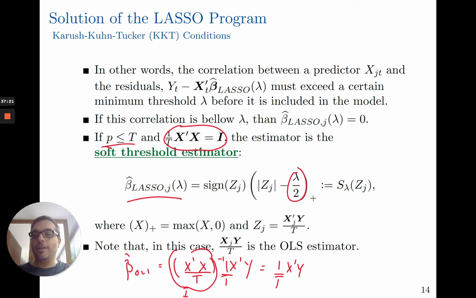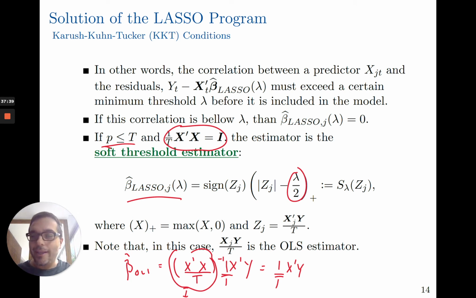Whenever the OLS estimator is larger than lambda over 2, then beta hat lasso will be different from 0.